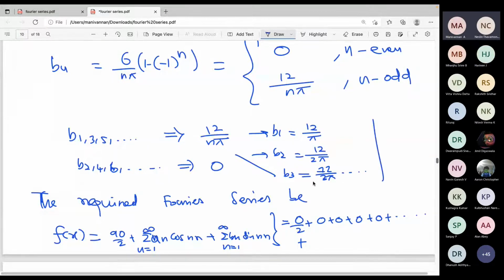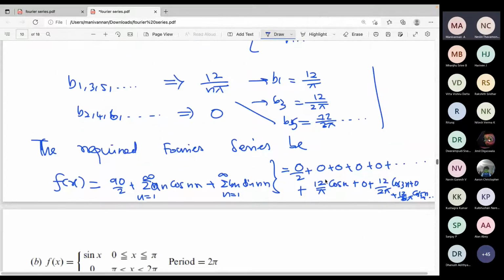So that it is 12 divided by pi cos x. B2, B4, B6 is 0, and then B3 is 12 divided by 3 pi into cos 3x plus 0 plus 12 divided by 5 pi into cos 5x. This is the Fourier series part.